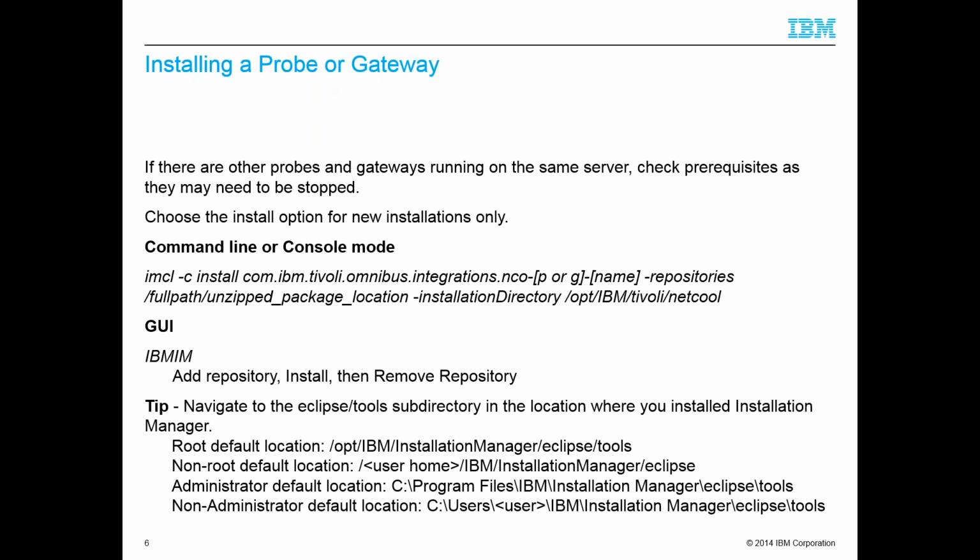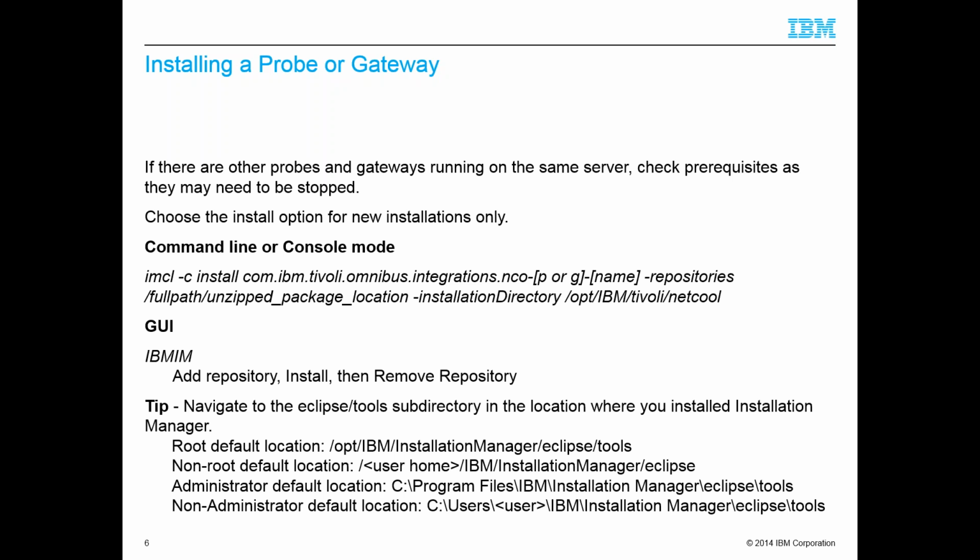The command line or console mode command is listed here. It's imcl -c install. All of the probe or gateway packages start with com.ibm.tivoli.omnibus.integrations.nco-, and then you put P for probe or G for gateway, dash, and then the name of the probe or gateway, for example MTTrapD, or JDBC if you're doing the JDBC gateway.